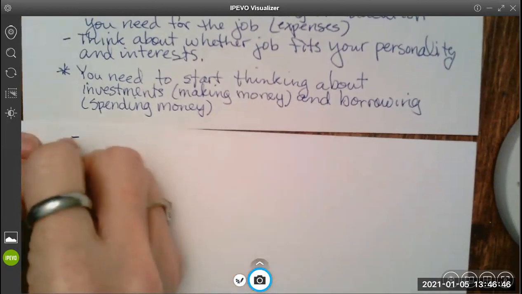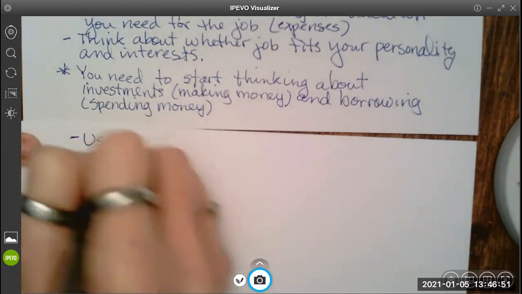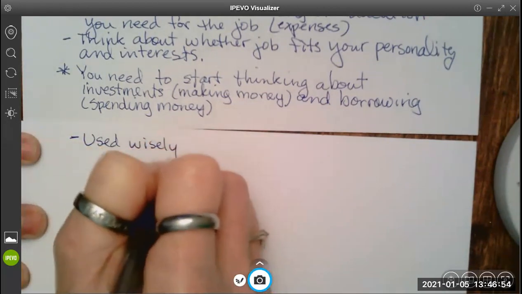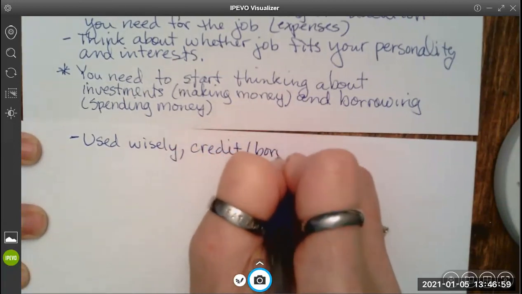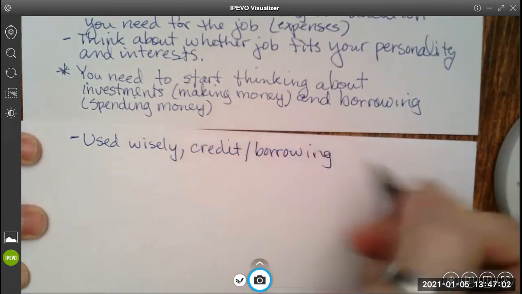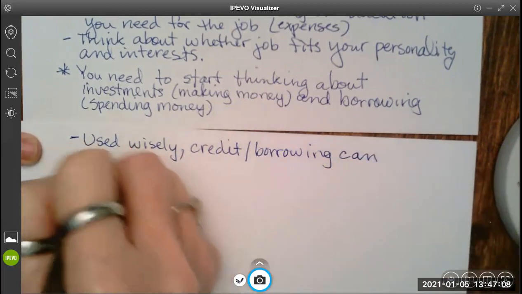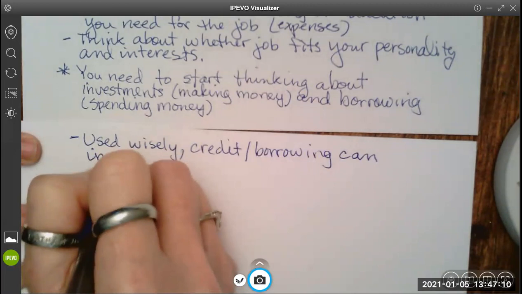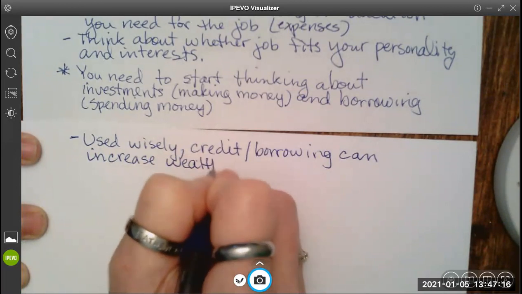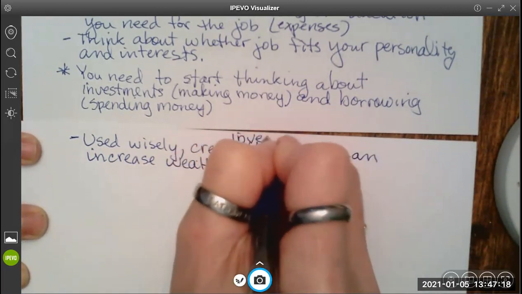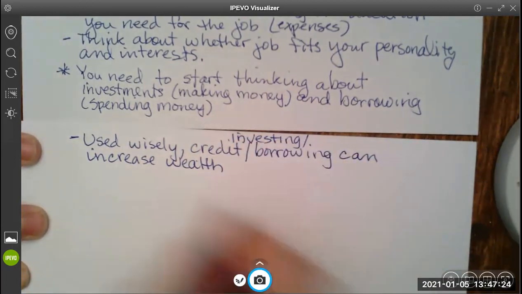Okay. Used wisely, credit and borrowing can increase wealth. I should say credit, borrowing, and investing. Okay, credit, borrowing, and investing can increase wealth.